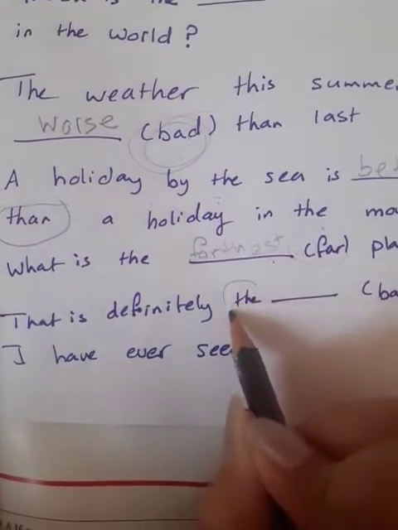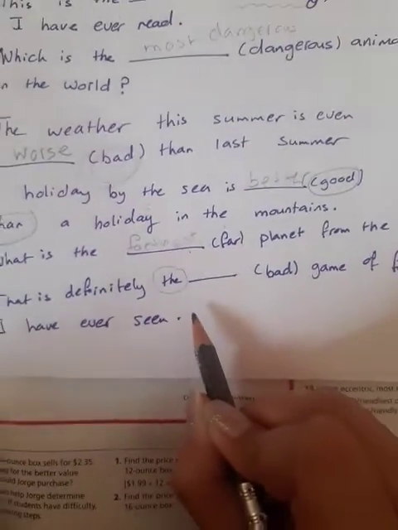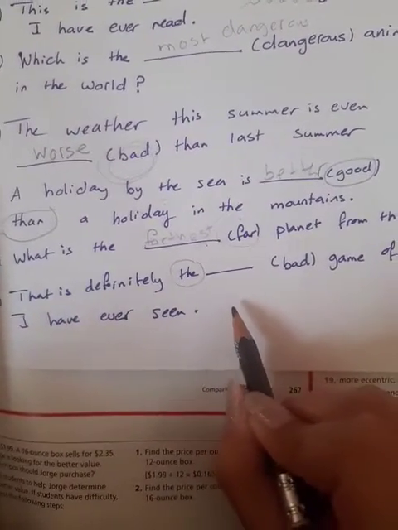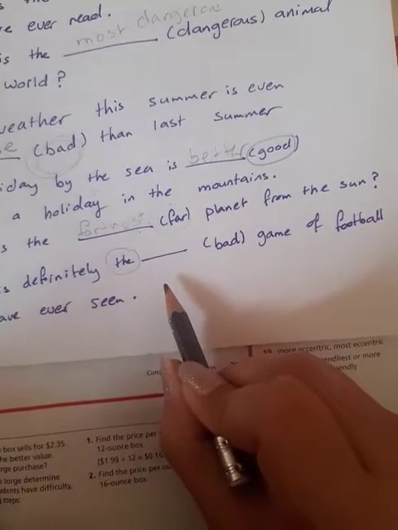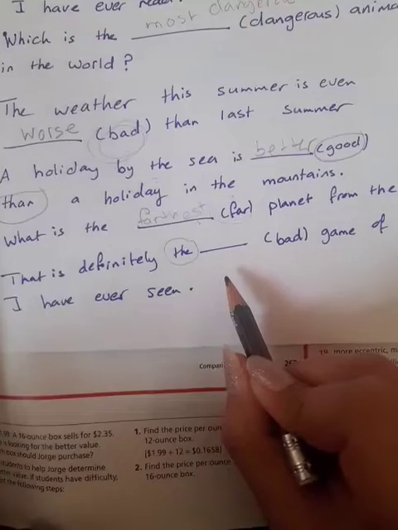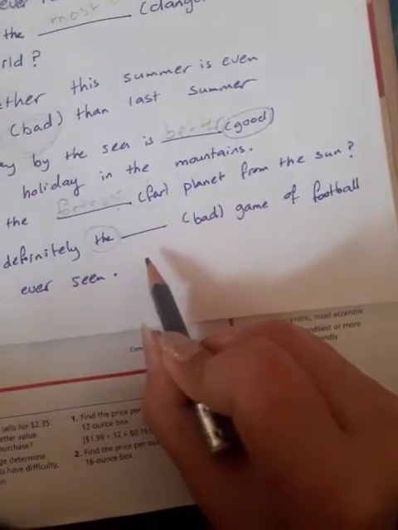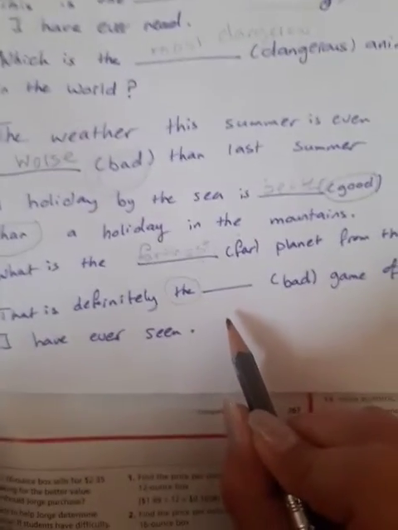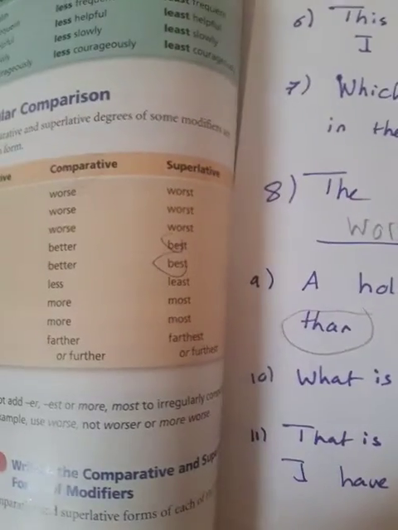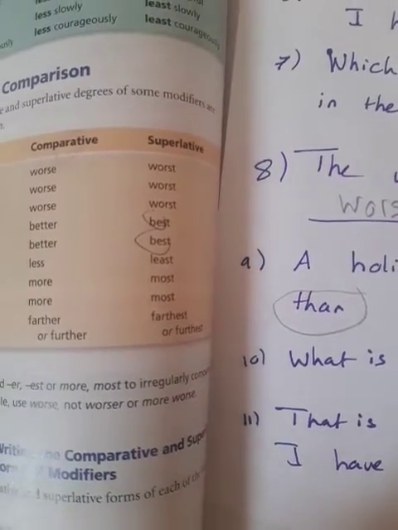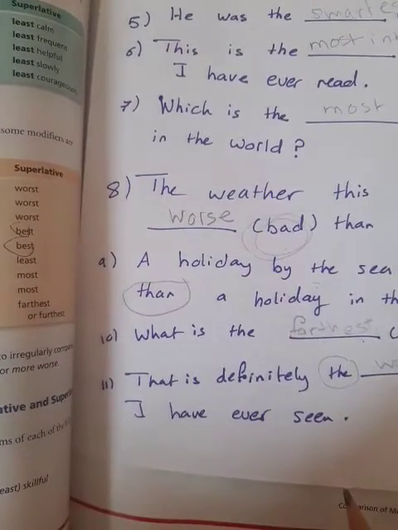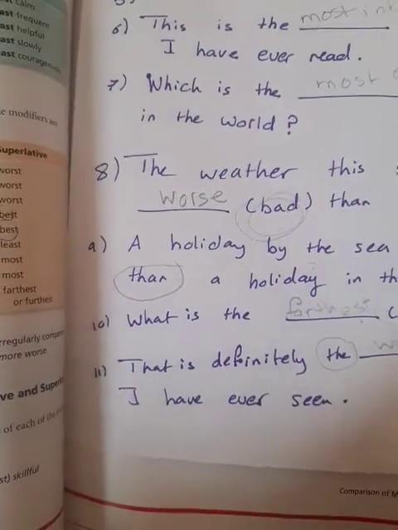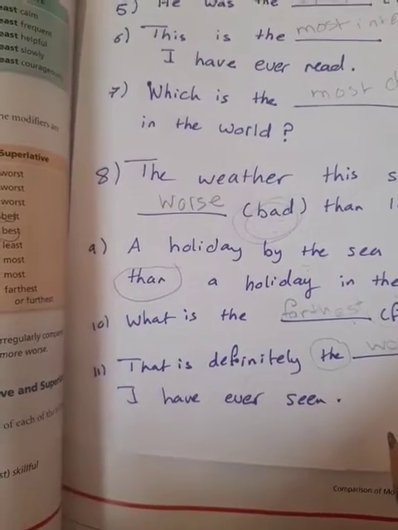So here you have the article, and you notice that the sentence is comparing football to all games, right? So in this case, you have to use worst. Okay, guys. So this is the explanation of irregular comparison.